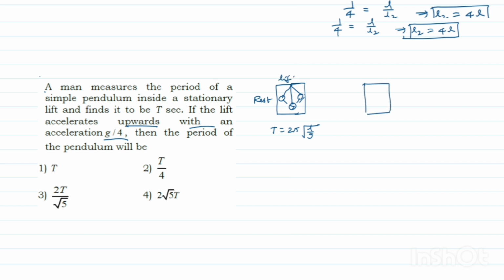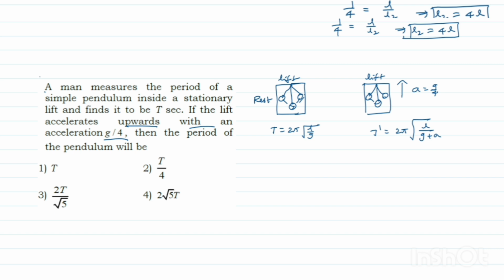This is a lift you can take. Now the lift is going to be accelerating upwards with some acceleration. That acceleration is given as g by 4. Now again you are observing this simple pendulum oscillations. When the lift is accelerating upwards, the new time period value is T equals 2 pi into root over L by g plus a.